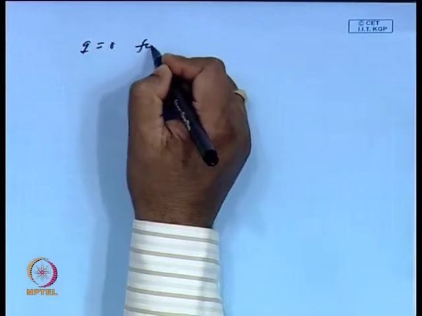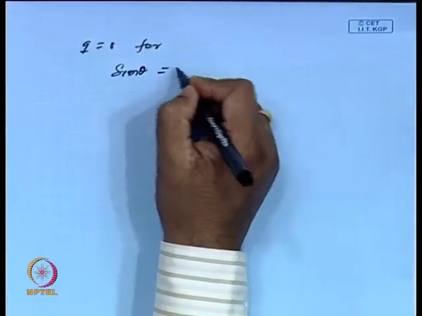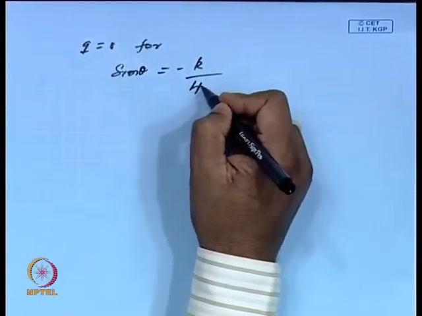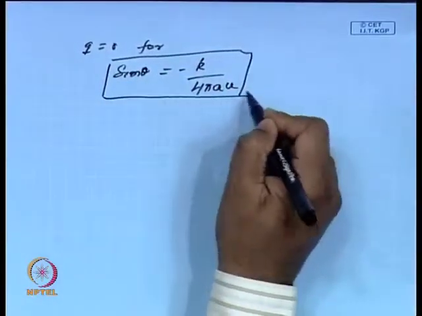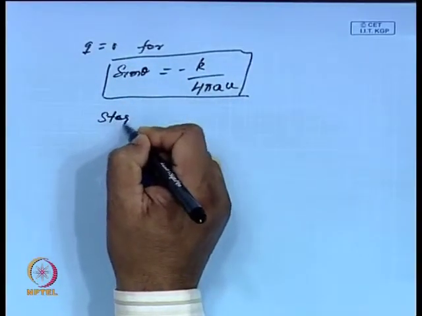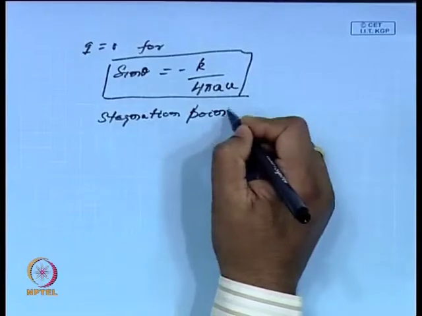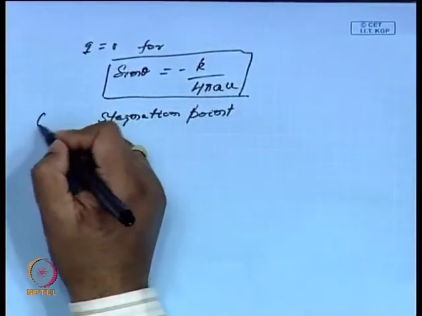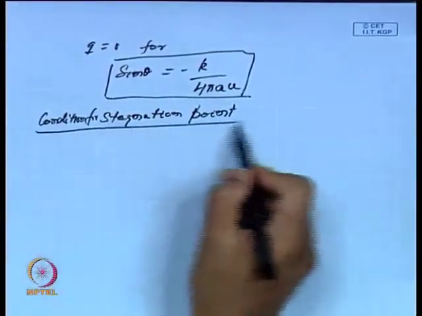On the other hand, we will see q is equal to 0 for sin theta equal to minus k by 4 pi a u, and this gives the condition for stagnation point.